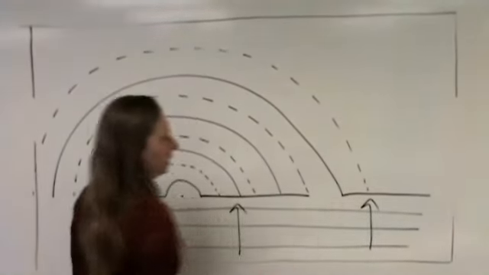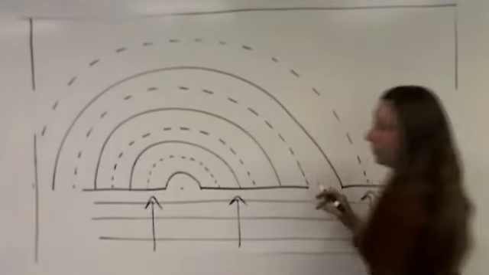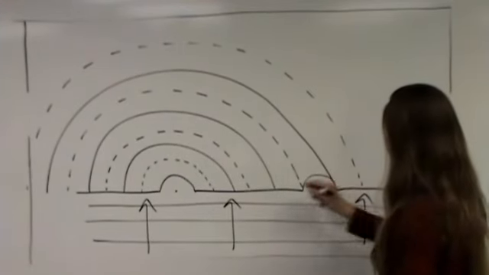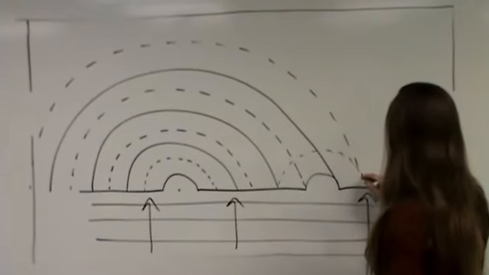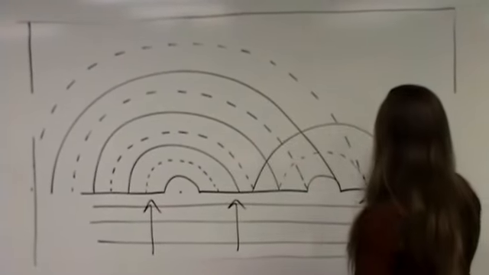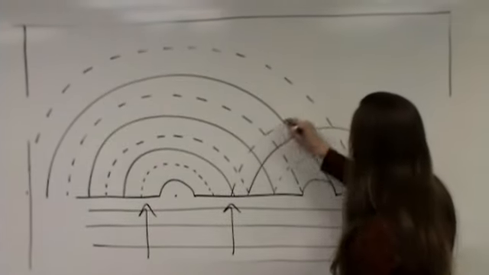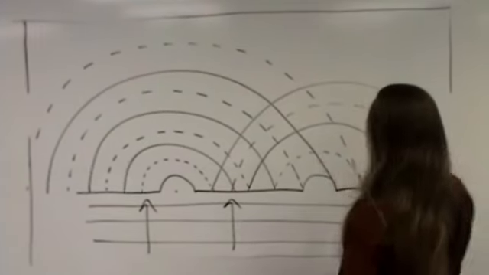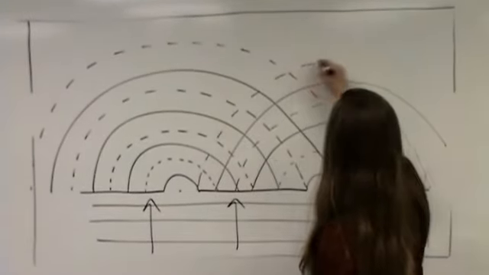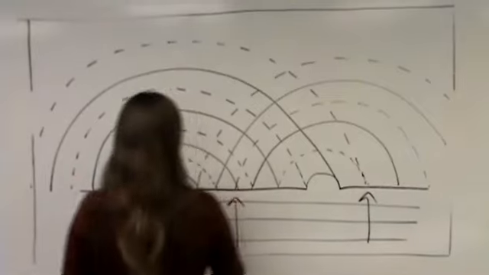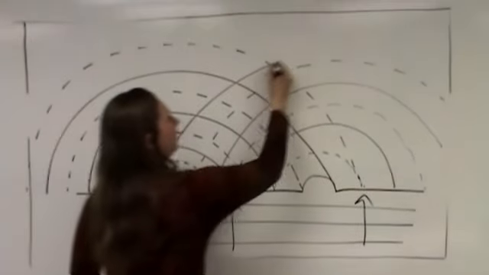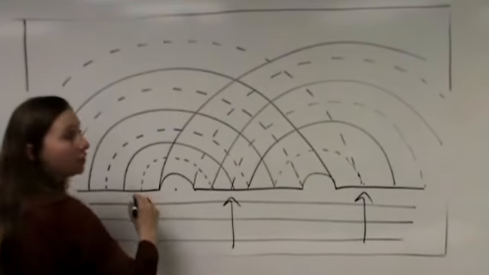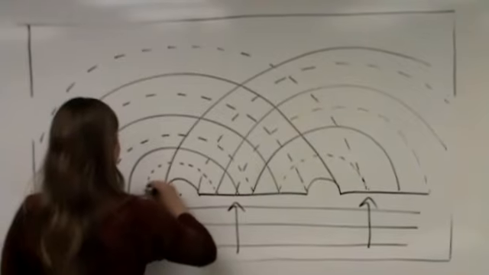All right, that'll do it. Now, over here, the same thing happens. We have a crest and a trough and a crest and a trough and a crest and a trough. You see, I'm trying to make them even so that the diagram is somewhat symmetrical.